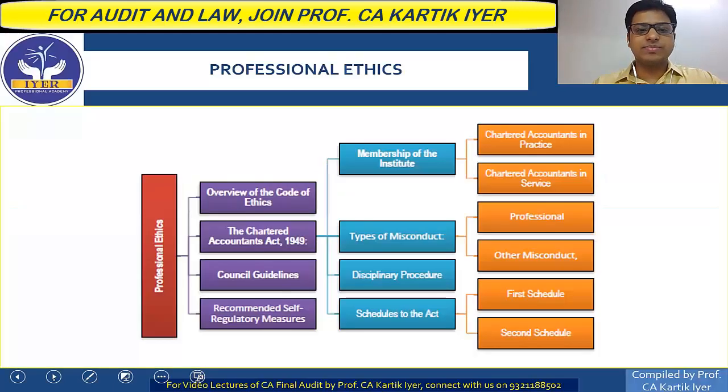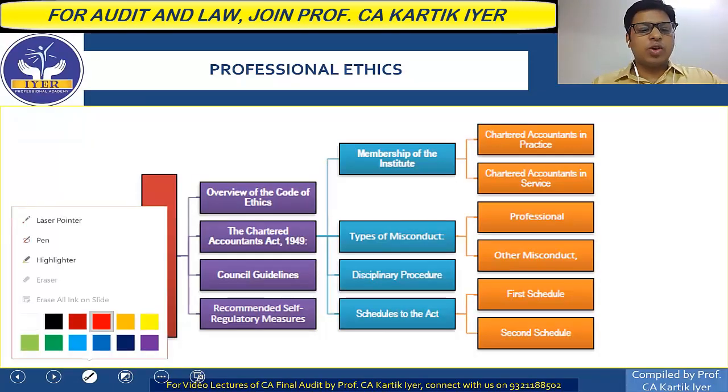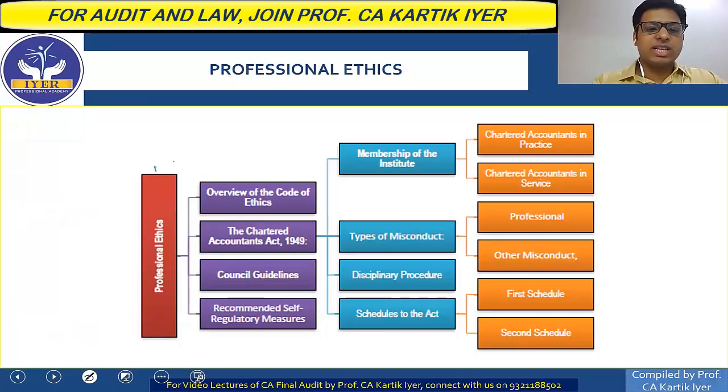So let's see this. Before going into the amendments, professional ethics is basically divided in the module into 4 parts. Overview of the Code of Ethics, the Chartered Accountants Act 1949, Council Guidelines, and recommendations, that is basically the self-regulatory measures that the ICAI has recommended to the CAs.